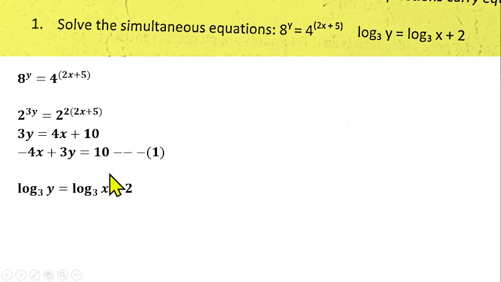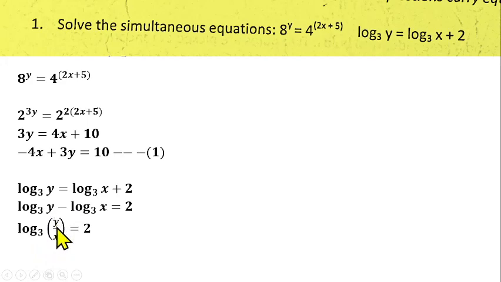Then from the second equation given to us, you have log y base 3 equals log x base 3 plus 2. If I take this log to this side, I will have log y base 3 minus log x base 3 equals 2. According to one of the laws of logarithm, log this minus log this, having the same base, the subtraction turns to division. So I have log y over x base 3 equals 2.